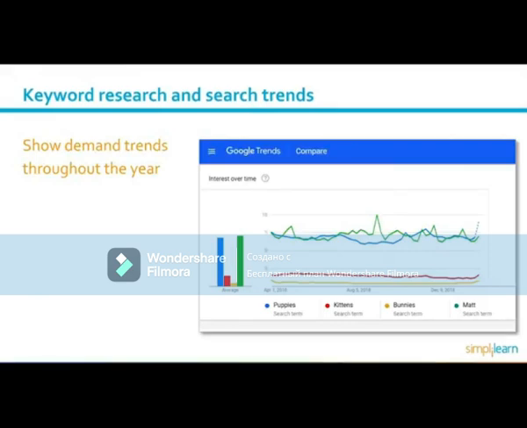Now, of course, part of that keyword research is understanding the long-term trends over a year, 2 years, 3 years, because if something has a trend and it's predictable, well, then that's something you can bring into your organization, because I love to say if it's predictable, it's monetizable. You can make money off it if you know that it's going to happen every year because you can prepare for it.